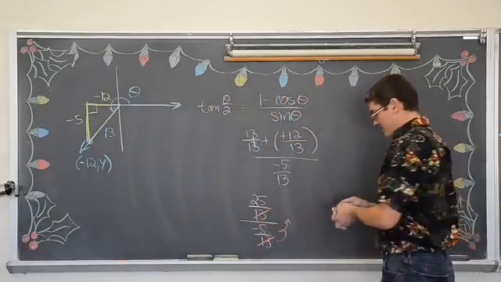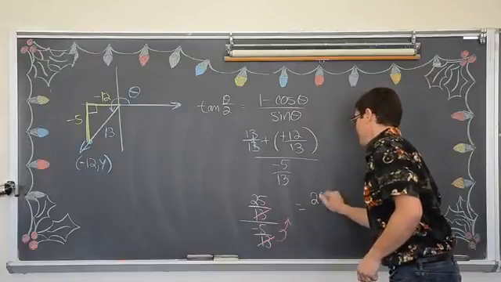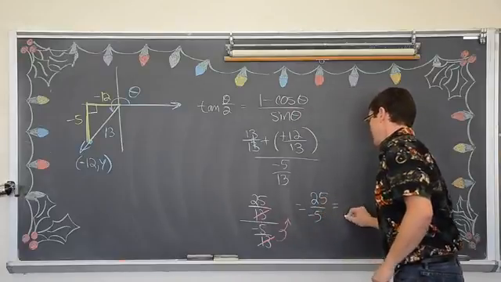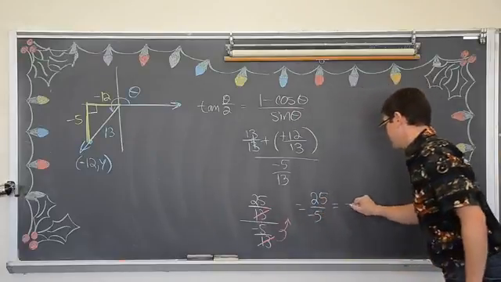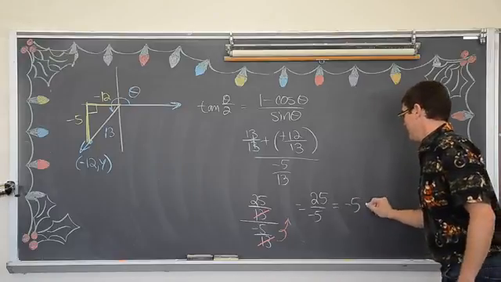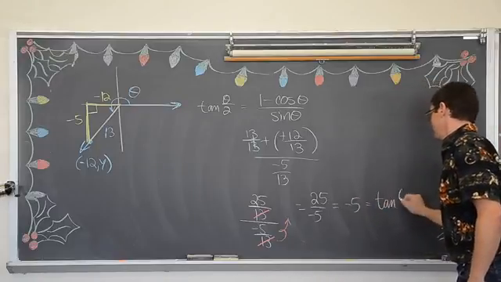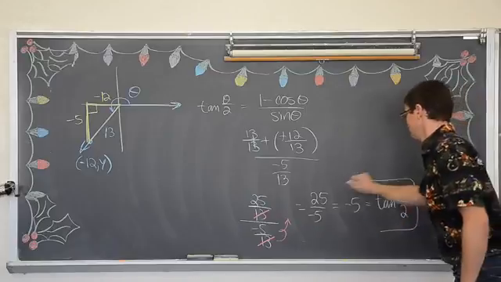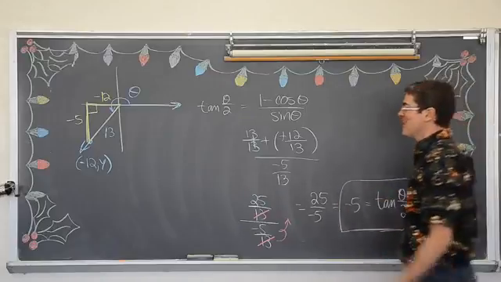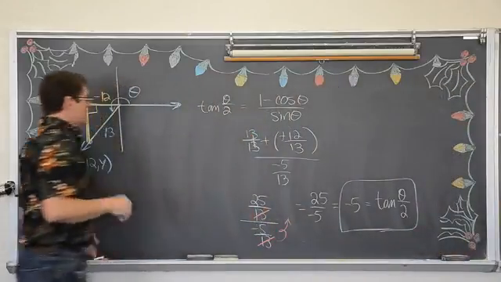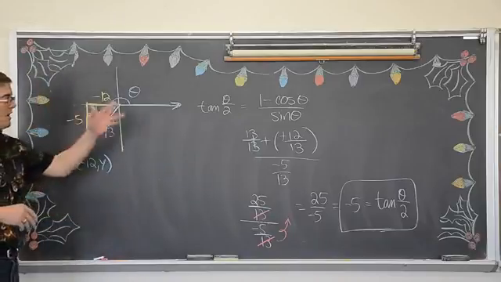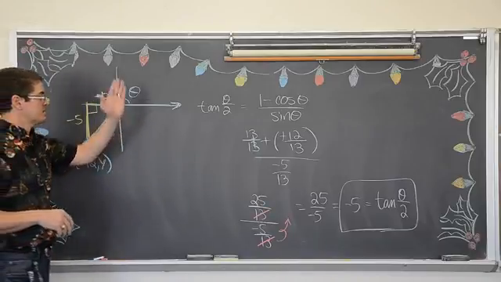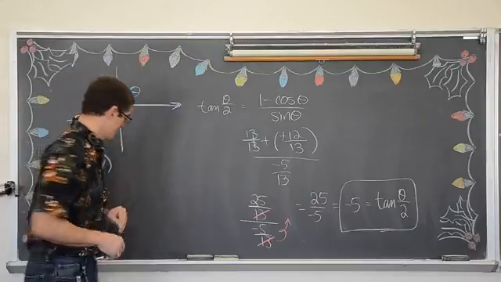And our final answer is going to be 25 over -5. So the tangent, these don't normally come out to be whole numbers, the tangent of theta over 2 ends up being -5. Sweet!